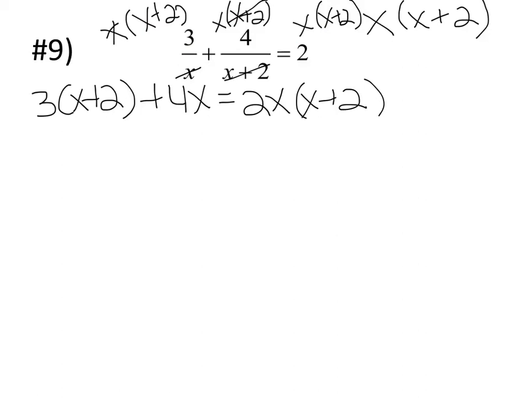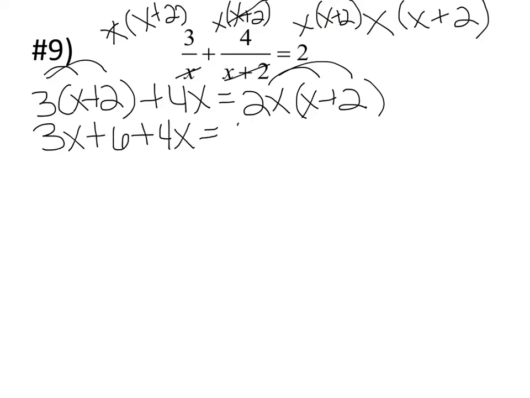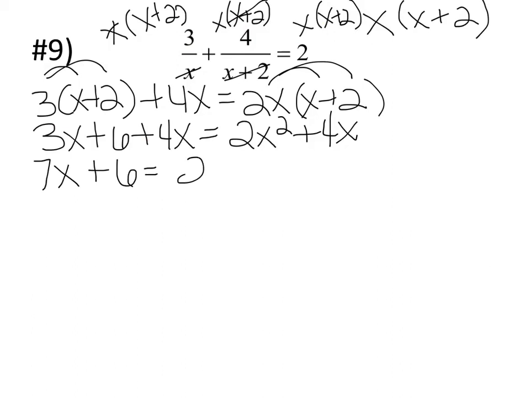All right, go ahead and distribute. And you get 3x plus 6 plus 4x is equal to 2x squared plus 4x. Combine like terms on the left side. 3x plus 4x is 7x plus 6 is equal to 2x squared plus 4x.